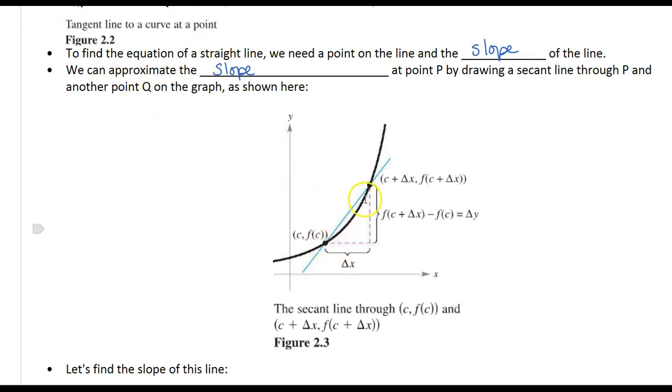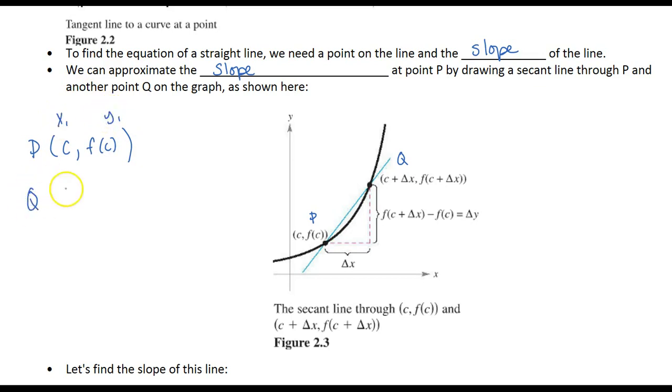So if we pick this to be our P down here, and we pick this to be our Q, where we've just increased x by delta x and then plugged that into the function, this would be the secant line. Let's label some of our variables. We've got P as the point c, f of c, which would be our x1, y1.